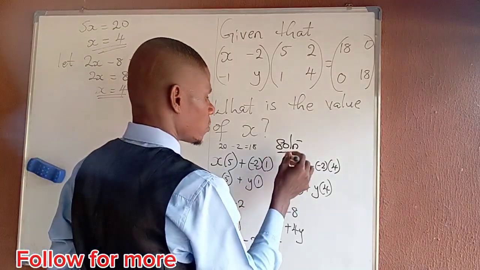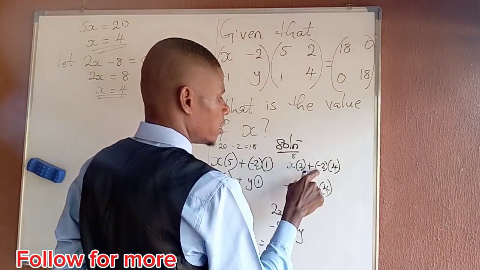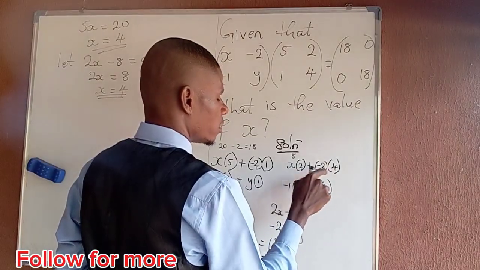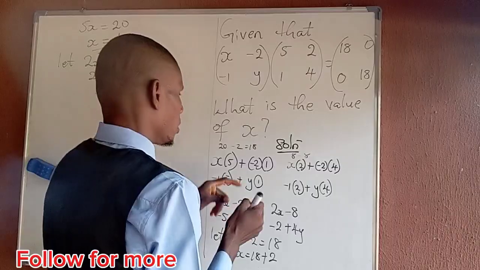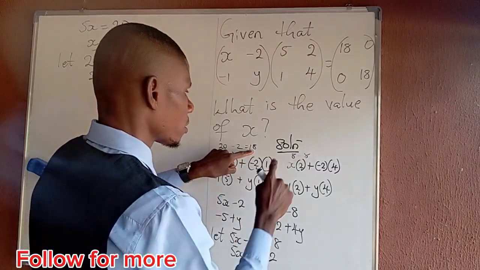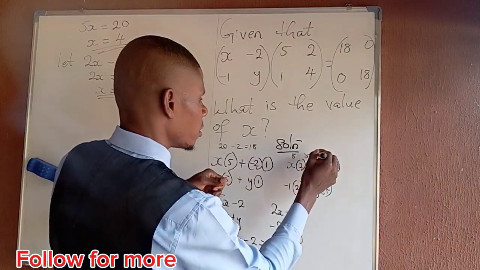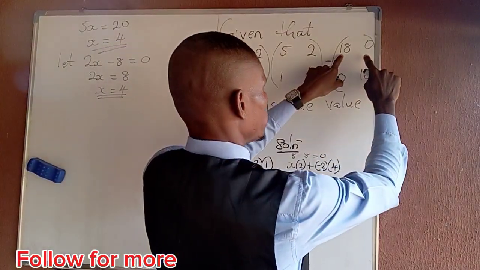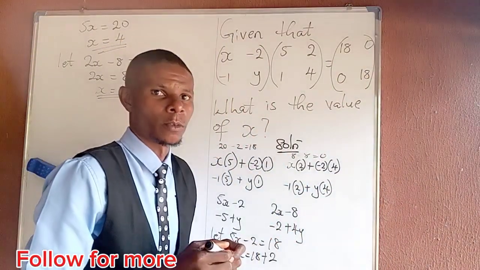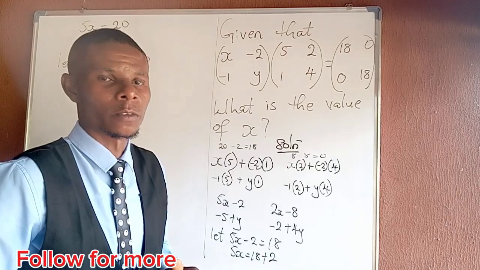So 4 times 2 is 8, and minus 2 times 4 is what? Is minus 8. Okay, let's check. This is 18. 8 minus 8 is 0. So this is 18, this is 0. And what do we have here? 18 and 0. In other words, our answer x equals 4 is true.